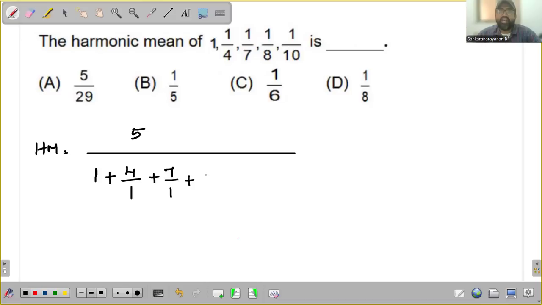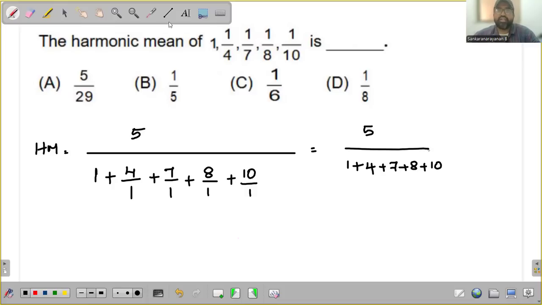Then you have 8 by 1, and then 10 by 1. So this is as good as 5 divided by 1 plus 4 plus 7 plus 8 plus 10.